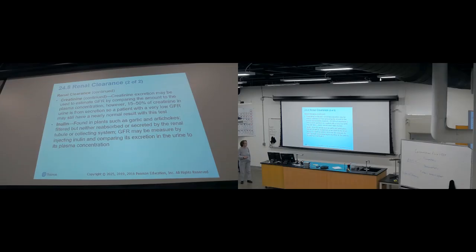We have another molecule that is called inulin, that is found normally in foods like garlic or artichokes, that is not reabsorbed nor secreted. So this is a good molecule to test the GFR.